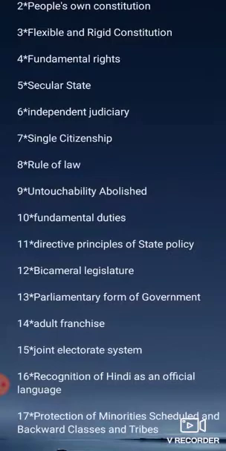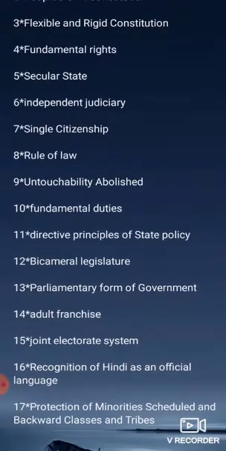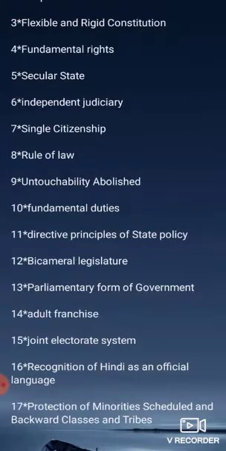And last feature is protection of minorities, scheduled and backward classes and tribes. The Indian Constitution contains special provisions for the protection of minorities, scheduled and backward classes and tribes.